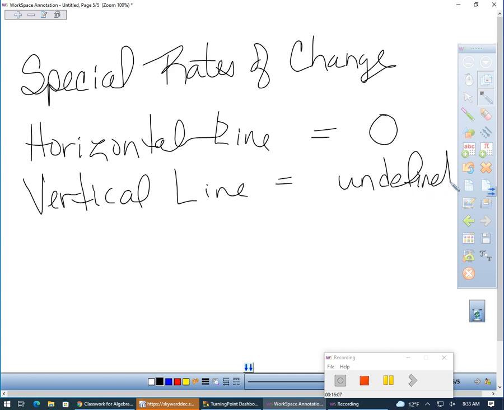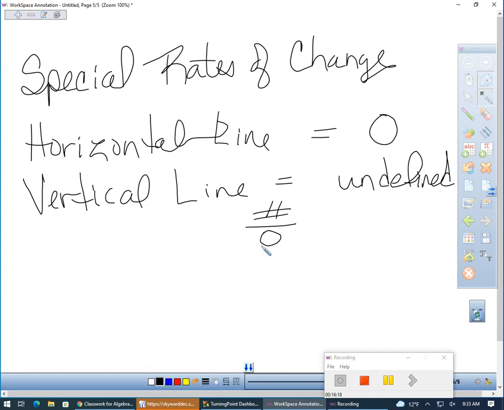It is undefined when you do rise over run and you get a number over 0. So if the 0 is in the denominator, that means you're not running right or left, 0, right? So it's a vertical line.